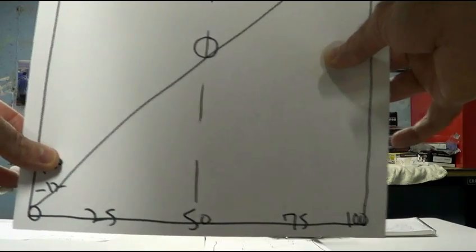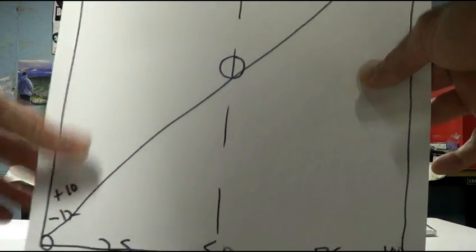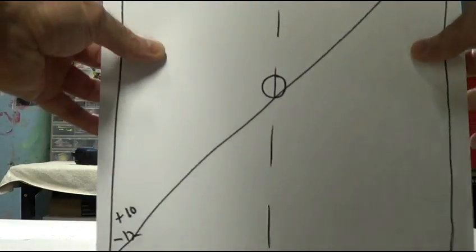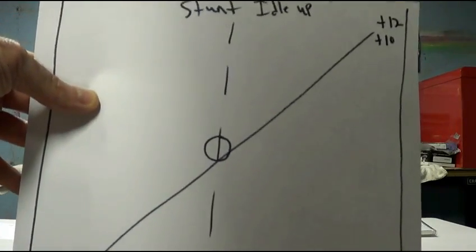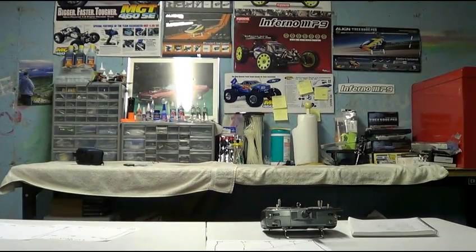This is going to be your minus down at low stick. So, for example, my T-Rex 500, I have minus 12 degrees pitch, and I have positive 12 degrees pitch, and 0 when the blades are at 50%. That way it has equal throw both ways. Let me sit down and see if I can explain that a little bit better.